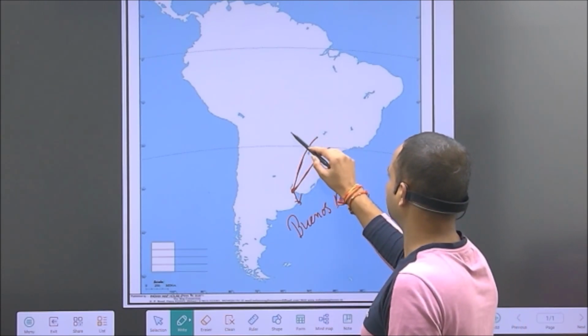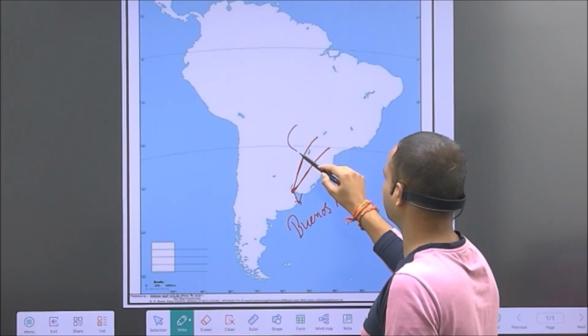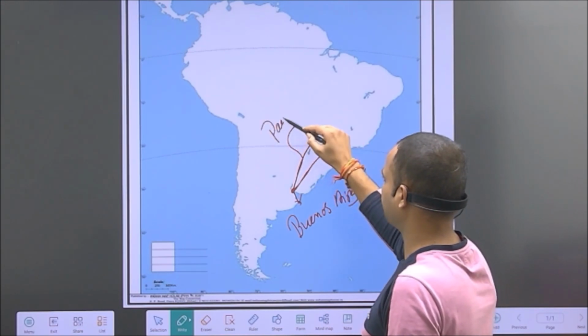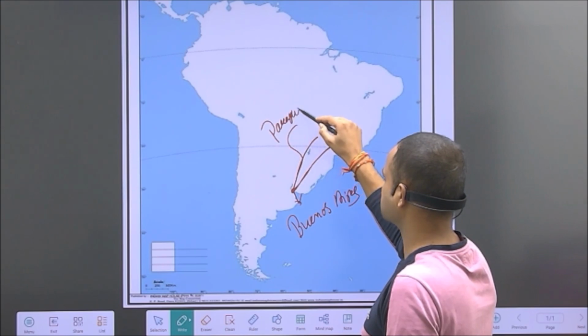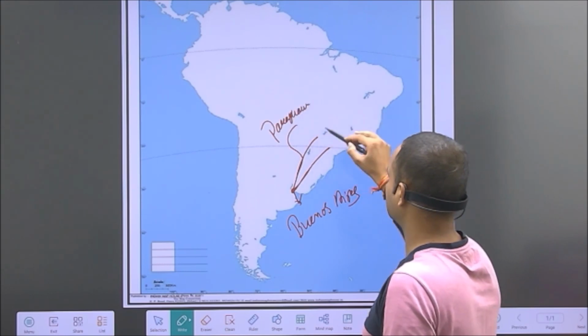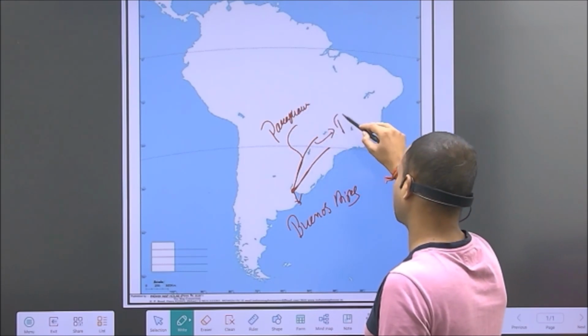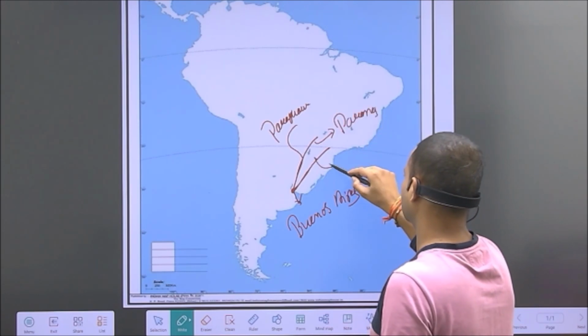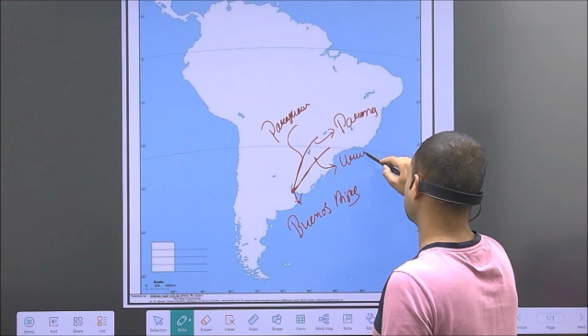And the largest tributary of the Parana River is called the Paraguay. It is called Parana. It is called Uruguay.